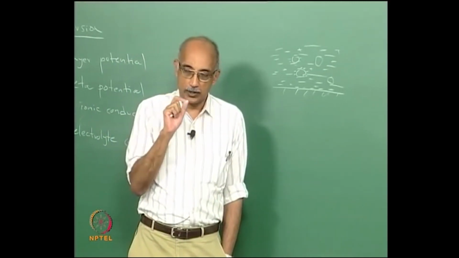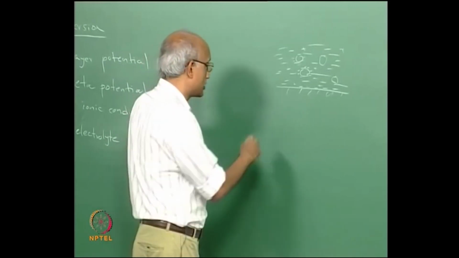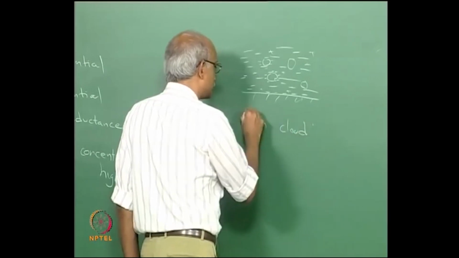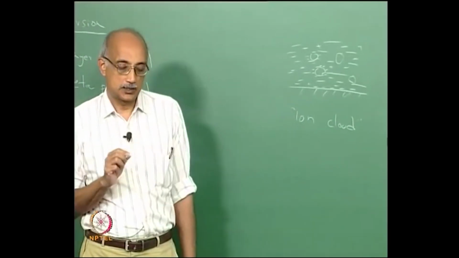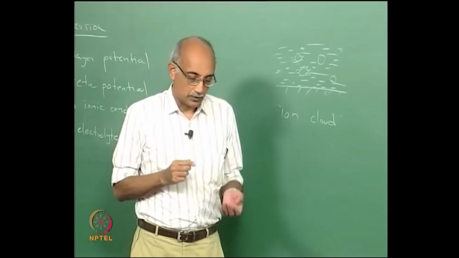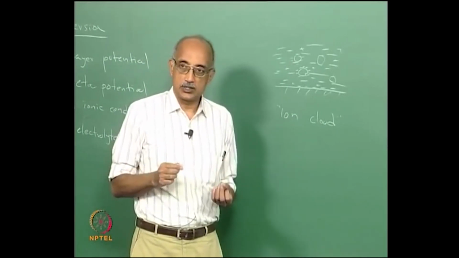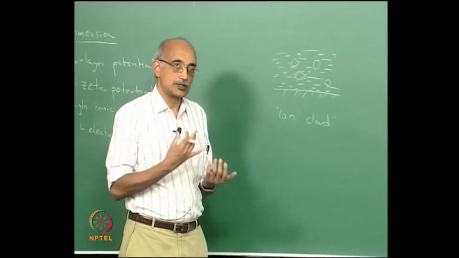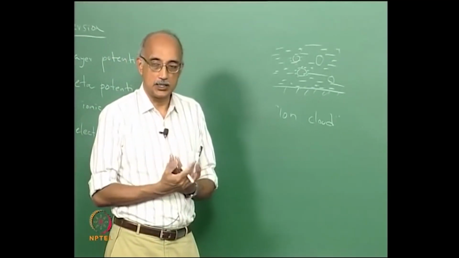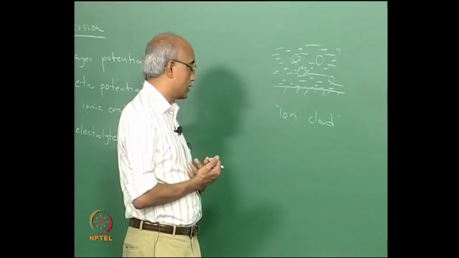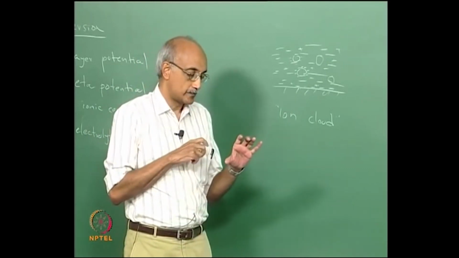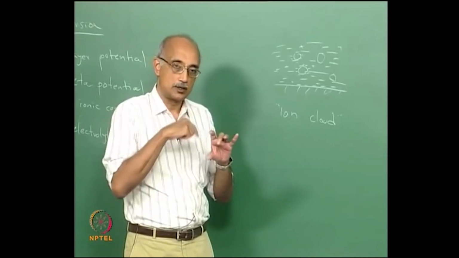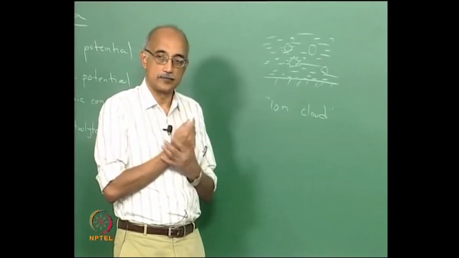So, every particle has what is known as an ion cloud around it, which happens because ions have a natural tendency to separate themselves from the electrolytic solution and attach themselves to the nearest solid that they see, and this essentially can be visualized as a layer of charges that are built up around the particle.